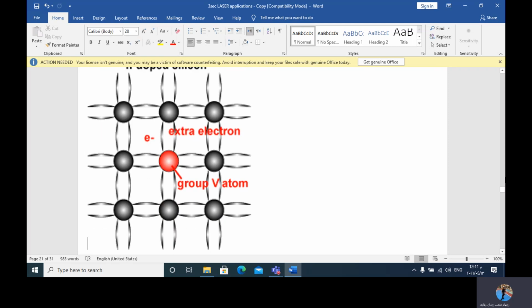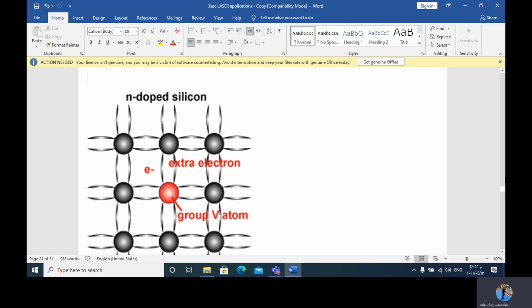And if you look here at what will happen if I have N-doped silicon, this is the atom of silicon, which is indicated by this dark gray color. And the doping or the strange atom is the red one, and it's a group V atom, group 5 atom.